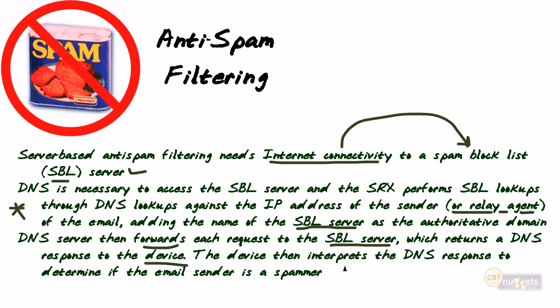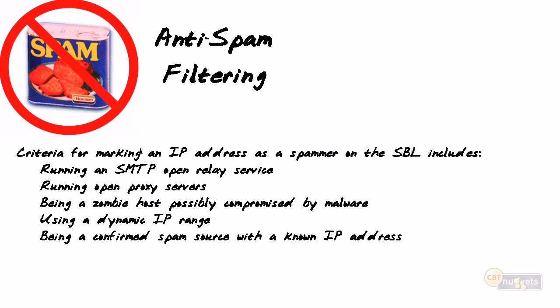So the SRX will interpret that DNS response to determine if the email sender is indeed a spammer. Now, if we're going to categorize somebody as a spammer, obviously there needs to be some criteria that the SBL server or servers are going to look at to say, hey, this is actually a spammer. And these are 5 attributes of an IP address that are going to represent a possible spammer.